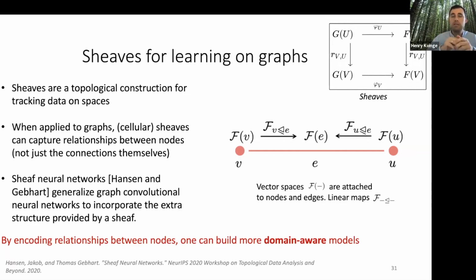I think that's a great example of how you can make these things more domain aware, because there's a lot of extra information in graphs that isn't often included in just the bare bones graph itself. This is from a paper called Sheaf Neural Networks by Hansen and Gebhardt, and I think there's been some amount of follow-up work on this as well.